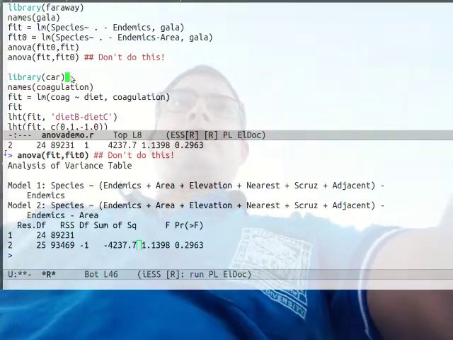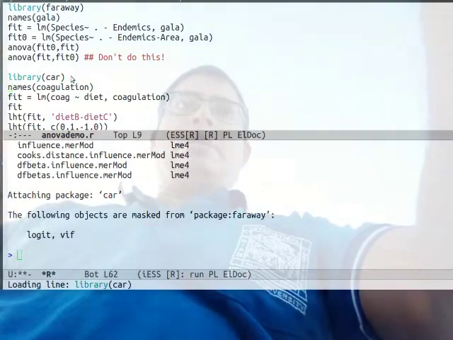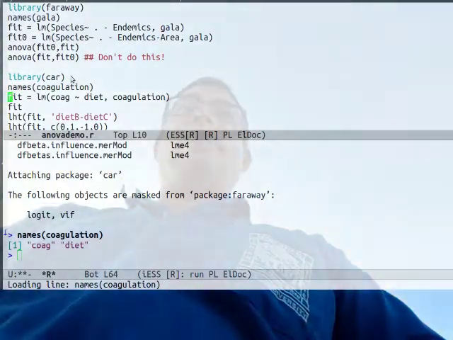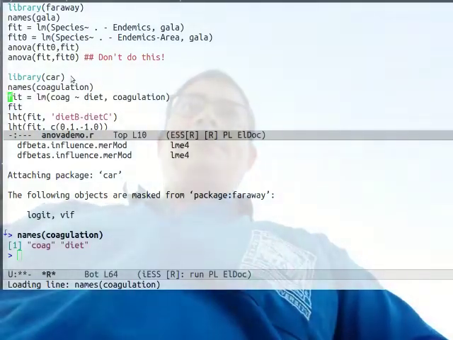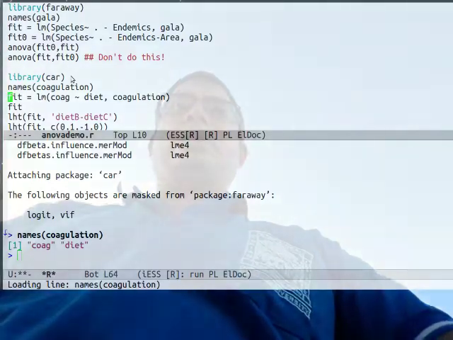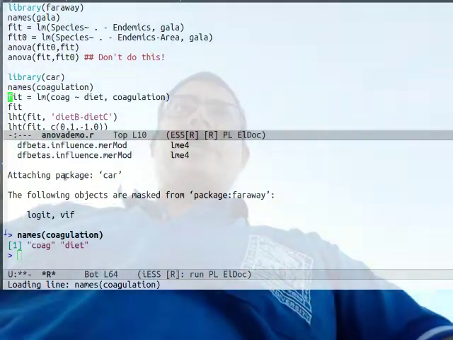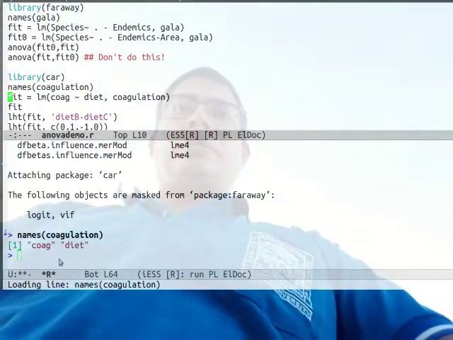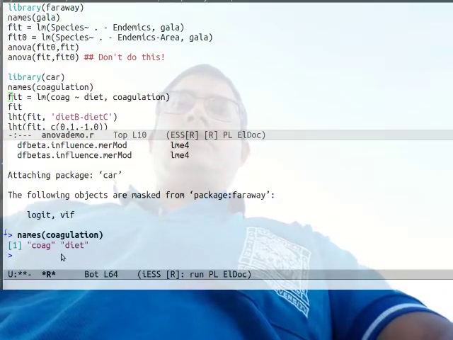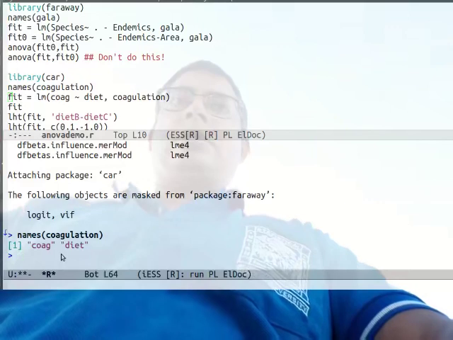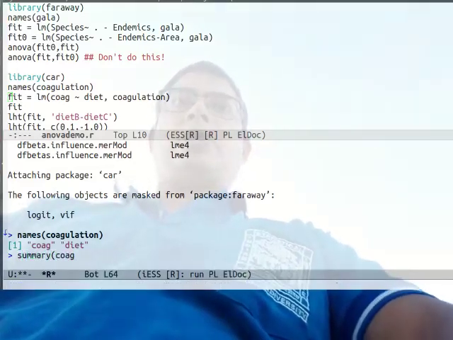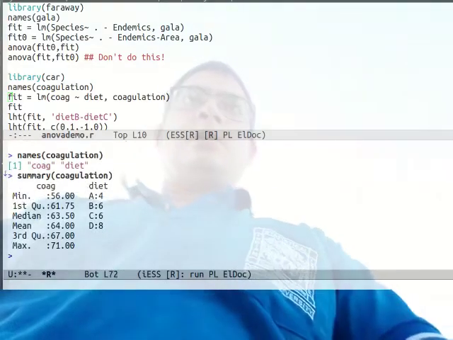So I will do that and I will use a different data set. This is also from the package faraway. It's called coagulation and it has got two variables. The first one is a continuous one, that is the response, and the second one is diet. So if I just take a look at the things, I will say summary of coagulation.